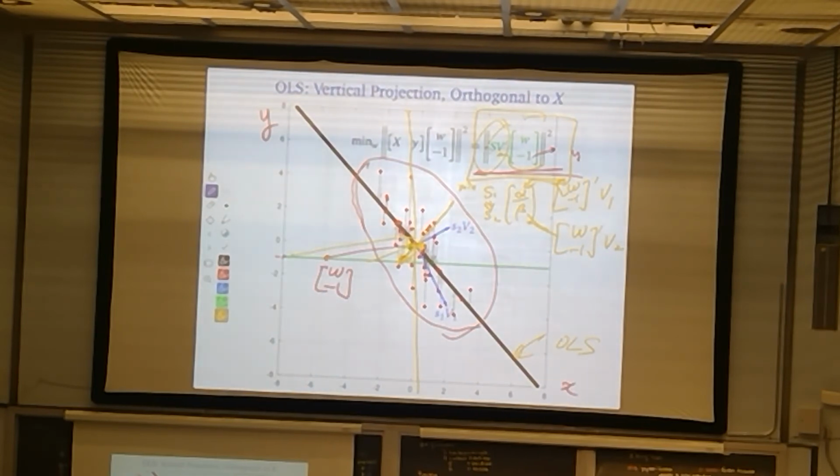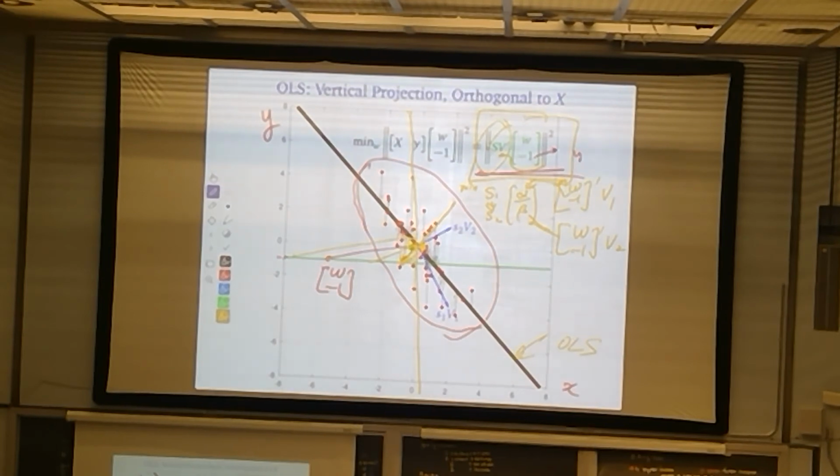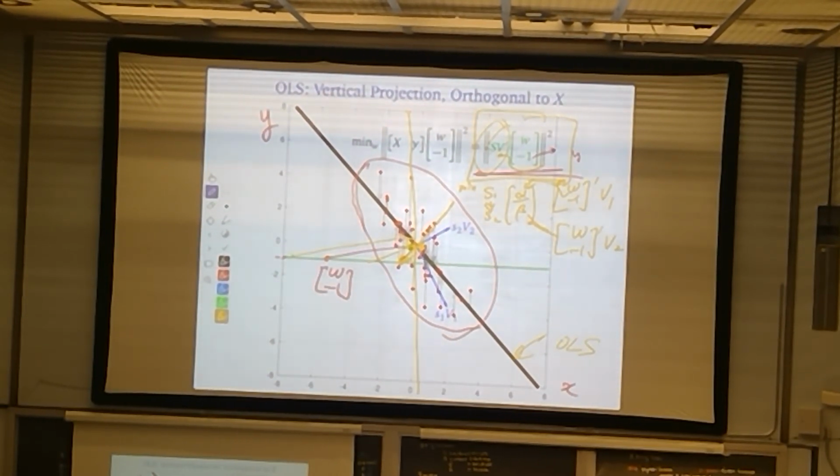Why vertical? Because this direction is perpendicular to X. I assume X doesn't have any error, doesn't have any noise. I don't want any residual component in the X space. That's why it's a vertical projection. Okay.